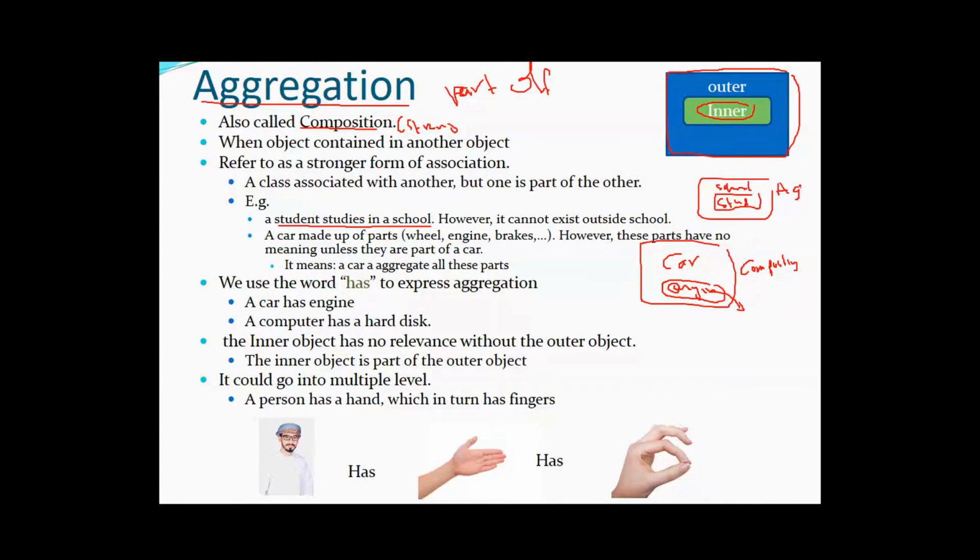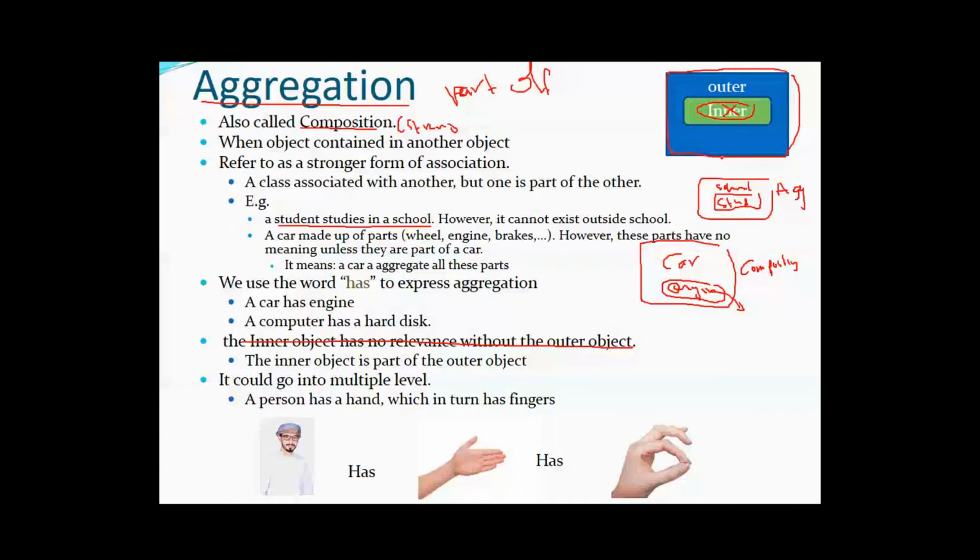Normal aggregation. Okay? If the relationship is not strong, they can be independent. But if the relationship is strong, we call it composition. Composition. Okay? That means what? The inner object has no relevance without the outer object. The inner object has no importance without the outer object.